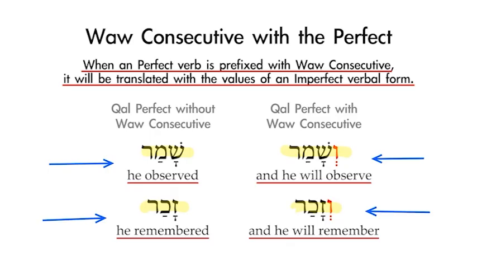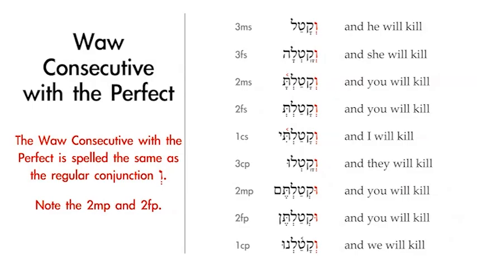It's really that simple. The waw consecutive with the perfect is spelled the same as the regular conjunction waw. Let's look at these forms together. Weqatal, weqatala, weqatalta, weqatalt, weqatalti, weqatalu, uqetaltem, uqetalten, weqatalnu. The first thing to observe is that every form of the perfect remains unchanged in its spelling when prefixed with the waw consecutive.